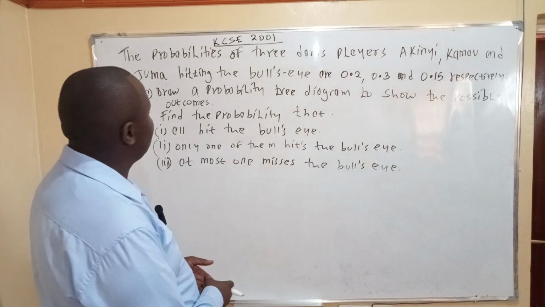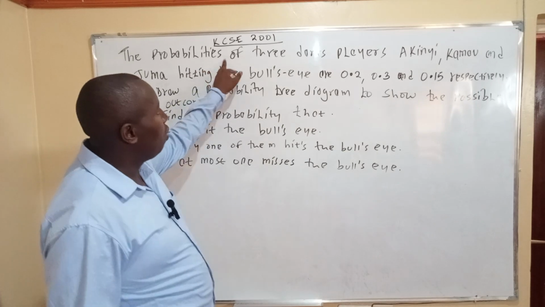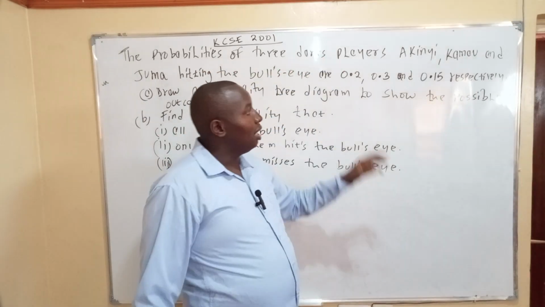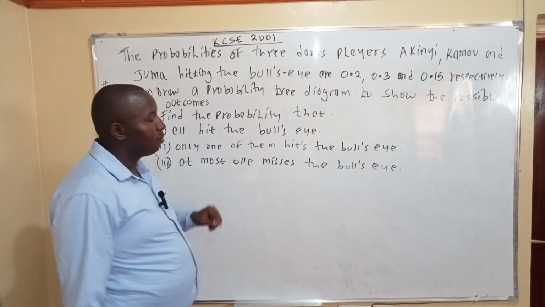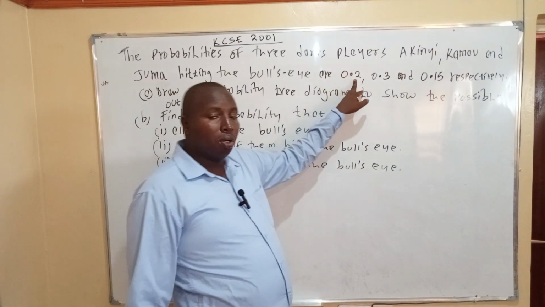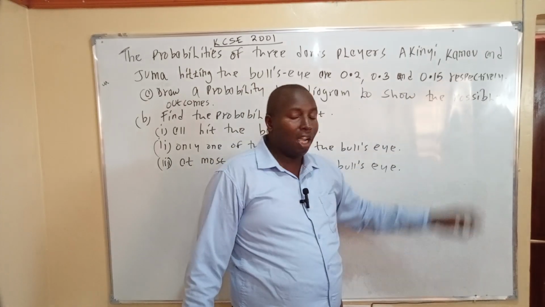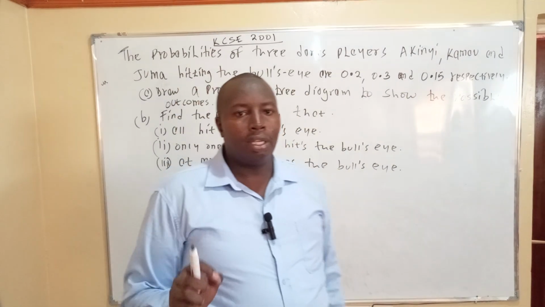And the question reads like this. The probabilities of three darts players, Akinyi, Kamau, and Juma, hitting the bull's eye are 0.2, 0.3, and 0.15 respectively.